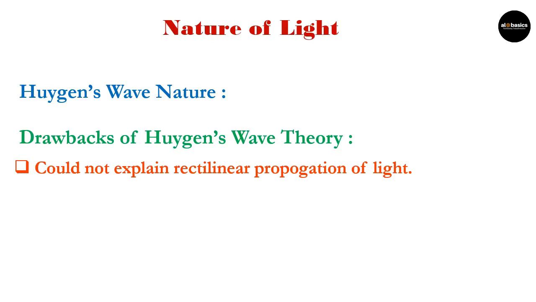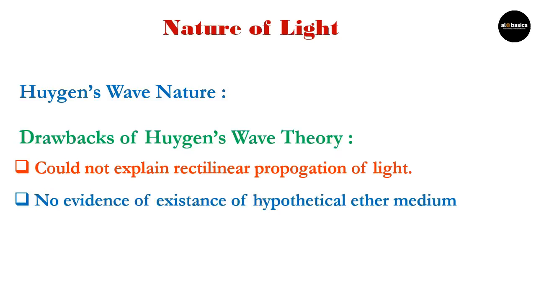Now with that, one more thing is there, that when we talk about ether medium, no evidence of the existence of the hypothetical ether medium was observed. Scientists have done a number of experiments, but no one could detect the presence of ether medium, and scientists were clueless regarding ether medium.